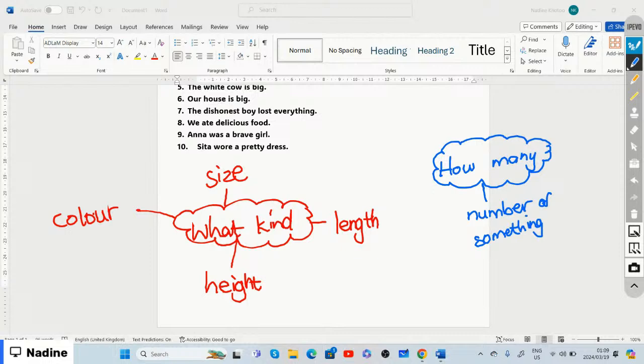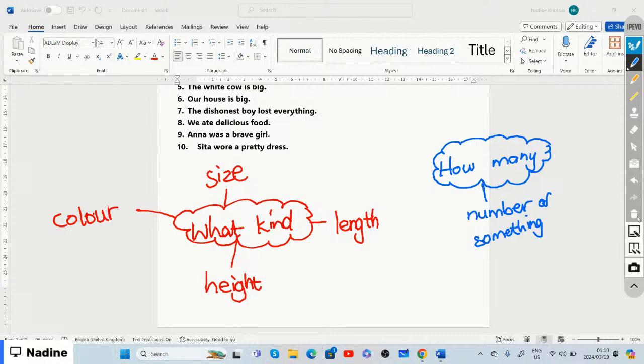You can also say several books, many books, a lot of books. Those are words that describe the noun, as in telling us how many. And we said adjectives tell us what kind, and adjectives tell us how many.